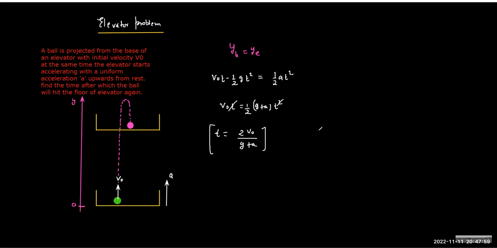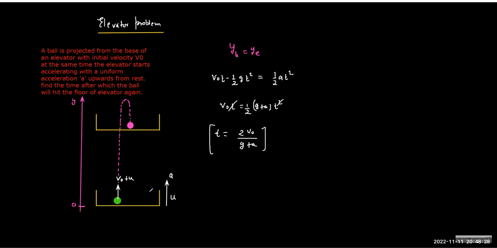Why did we take u as 0? It's written in the question. Let me tell you something very interesting, although I don't want to discuss it here because we are going to discuss this again in relative motion. Assume the initial velocity of the elevator is u. In that case, I will throw v naught with respect to the elevator. So from the ground frame, it becomes v naught plus u.